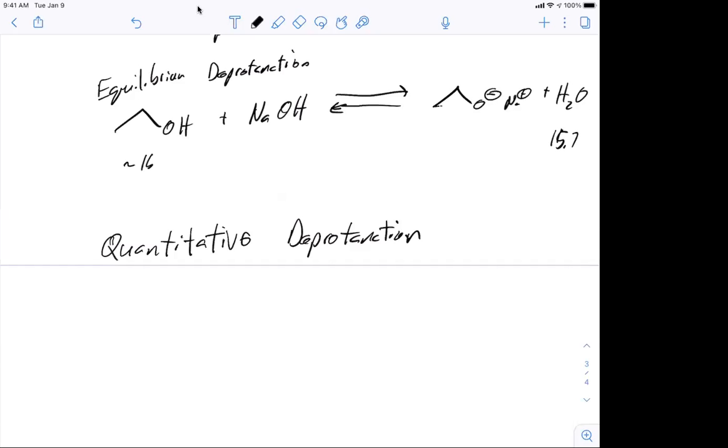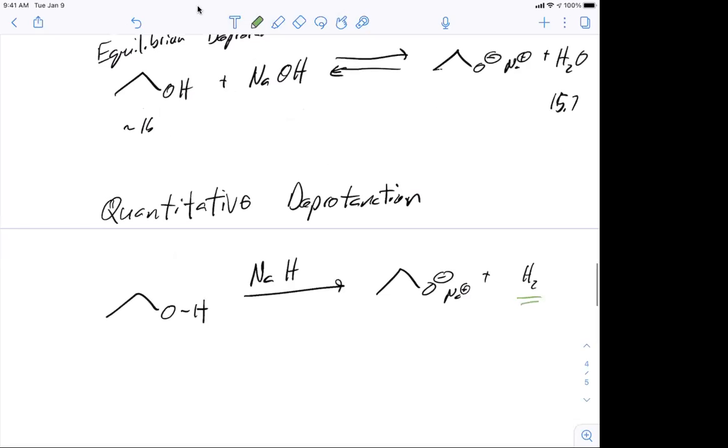And so if we think about alcohol deprotonations, if I add sodium hydride, right, what I'm going to end up with is a quantitative amount of the deprotonated species. So again, we don't like to say 100%, but you can say that this is going to happen. And because this is a gas, right, the hydrogen, this is not going to reverse.